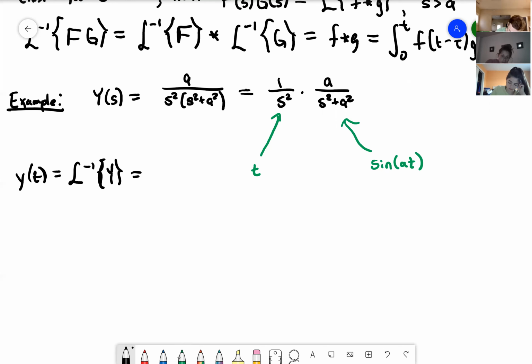So this will be t convolved with sine of at. Well, that was easy. We have the answer. We didn't have to do any partial fraction decomposition. Unfortunately, we end up with an answer that is in terms of an integral. Okay, so that's a little bit of a pain.